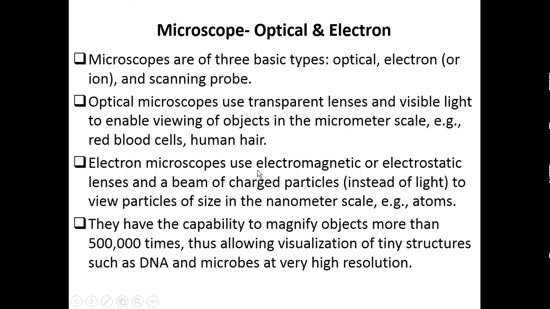Electron microscopes use electromagnetic or electrostatic lenses. In optical microscope, of course, light is the main source to view the image of the object, isn't it? So here in electron microscope, electromagnetic or electrostatic lenses are used instead of optical lenses as in the case of optical microscopes.